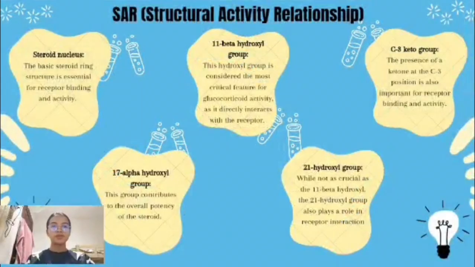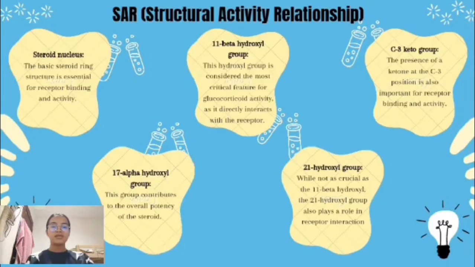SAR, or structural activity relationship, of prednisone. The steroid nucleus: the basic steroid ring structure is essential for receptor binding and activity. The 11-beta hydroxyl group: this hydroxyl group is considered the most critical feature for glucocorticoid activity as it directly interacts with the receptor.